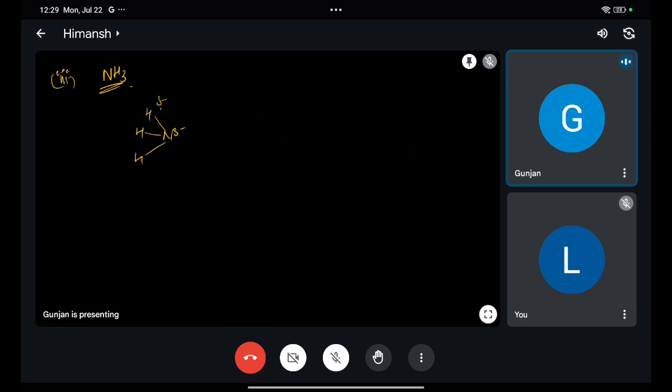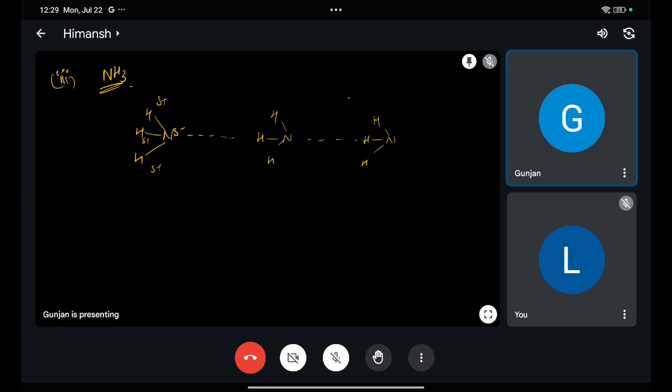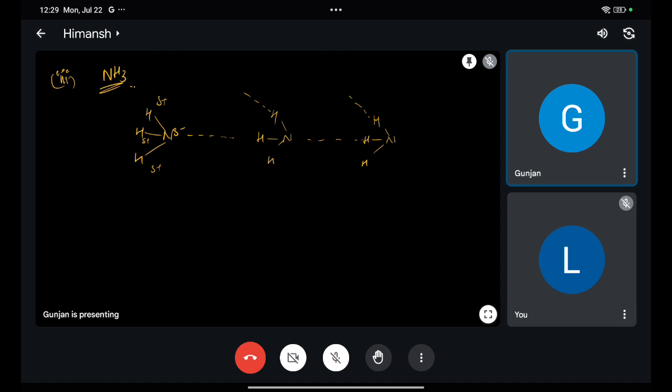Nitrogen is partial negative, and this is also partial positive and this is also partial positive. Getting it or not? Yes, ma'am, getting.